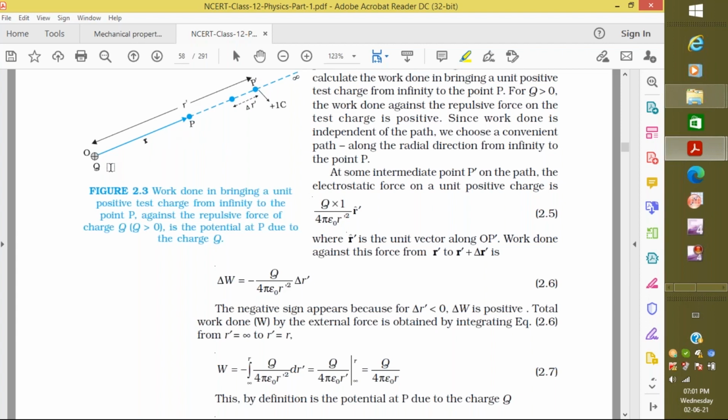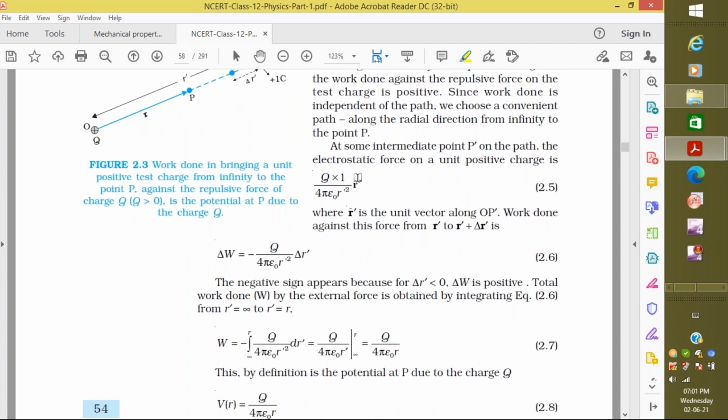So what is the force experienced by this 1 coulomb charge? That is 1 into E, so 1 into Q by 4 pi epsilon naught r square, and the direction is along this way, towards infinity. So my r is decreasing while the force is directed away from the point O. That is why the work done has been given a negative sign here, because delta r has a negative sign.